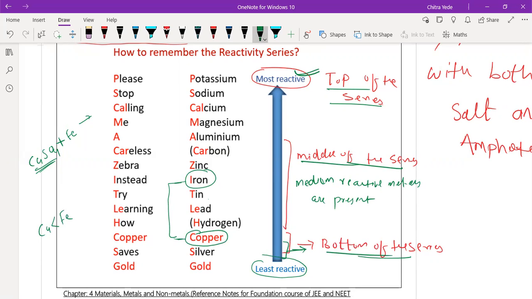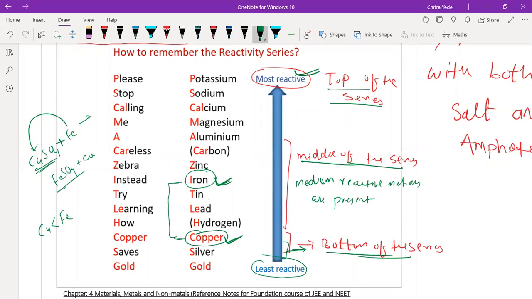Yes, sir. So in a displacement reaction, the more reactive element displaces the less reactive element from its compound to form its own salt. So here iron will displace copper, so copper will get separated out. Iron combines with the sulfate ion to form FeSO4.